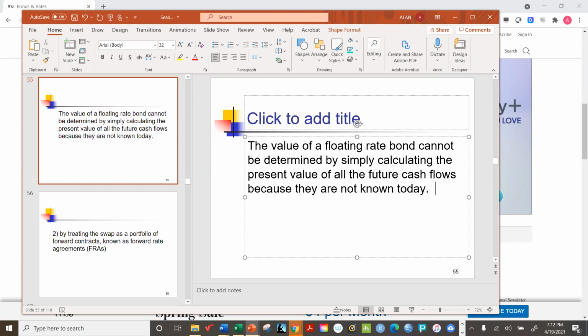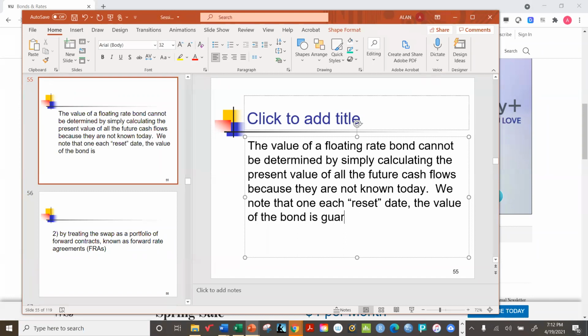But we note that on each reset date, the value of the bond is guaranteed to equal the bond's face value.